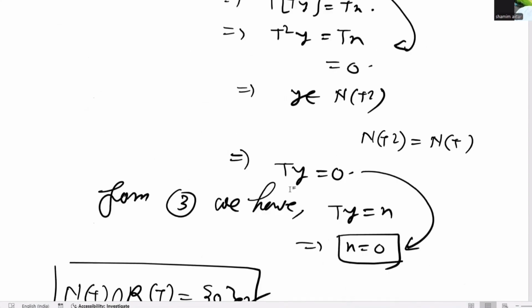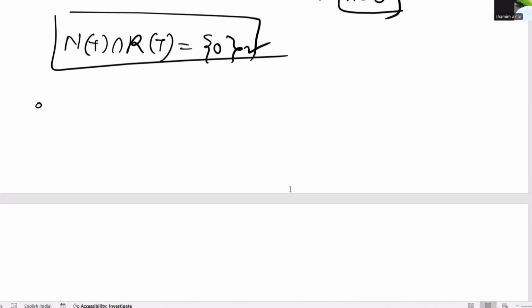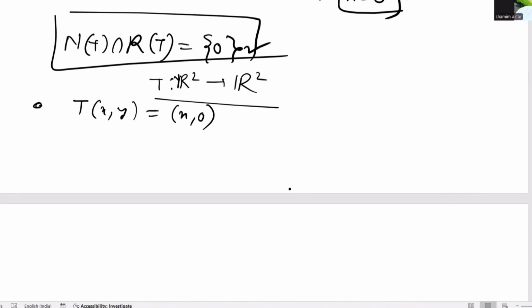Now option D. For option D, we choose an example. Suppose the transformation T of (x,y) equals (x,0), where T is a linear operator from R2 to R2. Now find the rank. First we find the matrix representation.